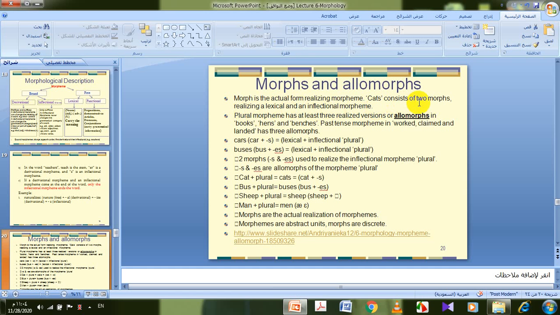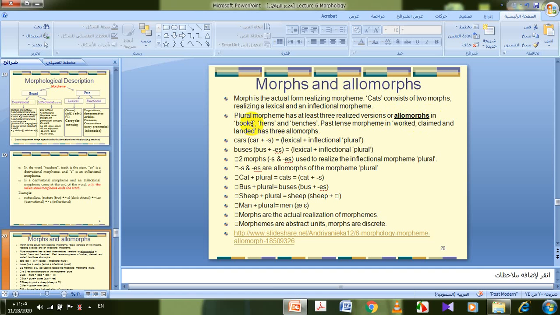What are they? Cat is the lexical, which carries the meaning, and S carries the plural. That's to say it is the inflectional morpheme. Good. The plural morpheme has at least three realized versions or allomorphs in boxes, hens, and benches.